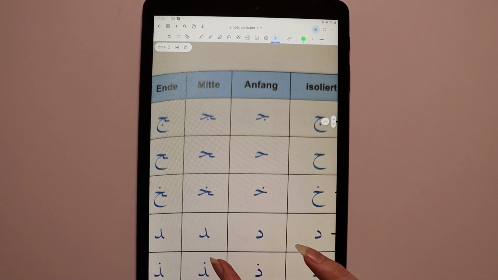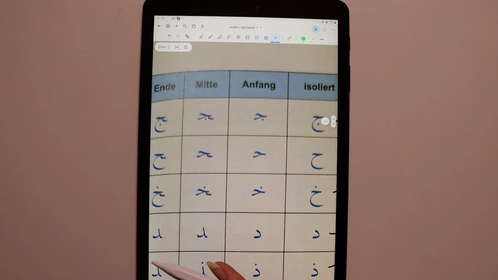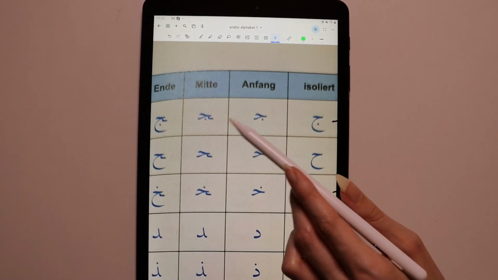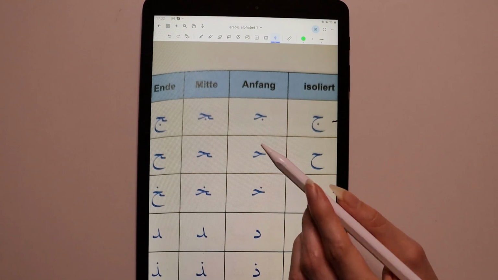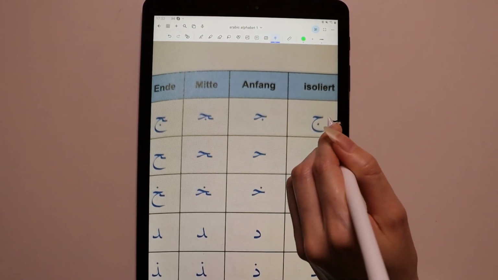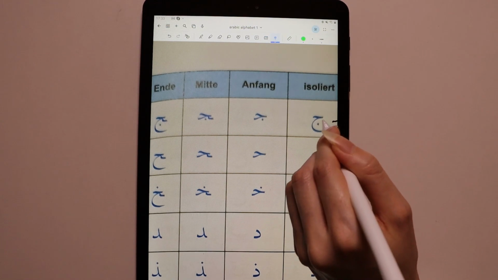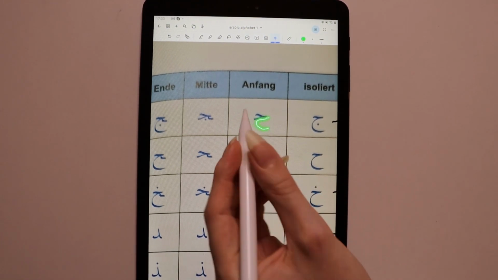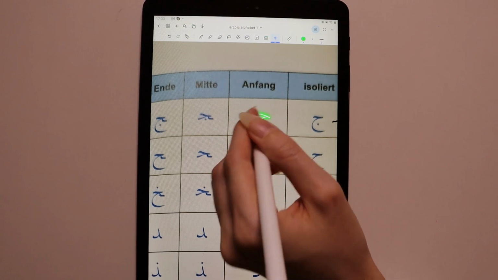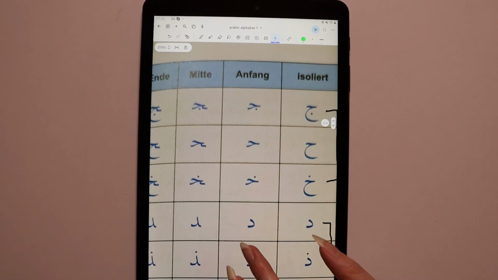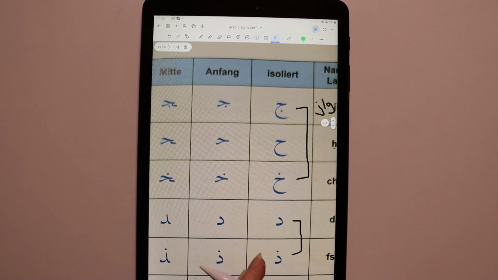And yeah, here you can't really see the connection between the isolated letter and the beginning and middle forms that much, but maybe you can remember it like this. Maybe you can remember this moon shape line like this. It could be like this. So this is jim, and then we have ha.